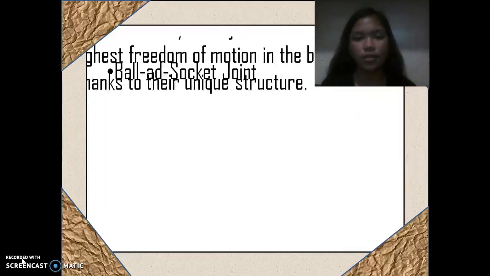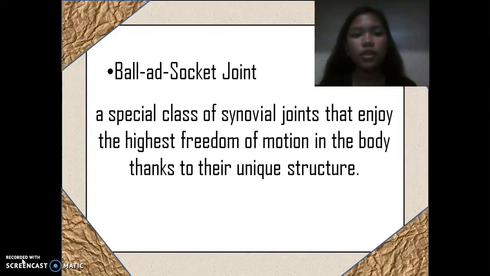Ball and socket. Ball and socket is a special class of synovial joints that enjoy the highest freedom of motion in the body, thanks to their unique structure.